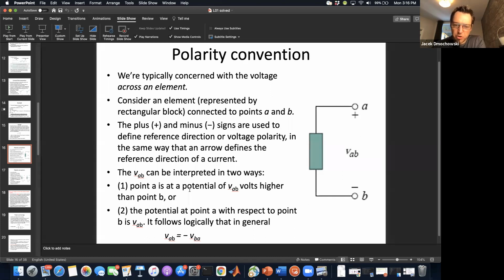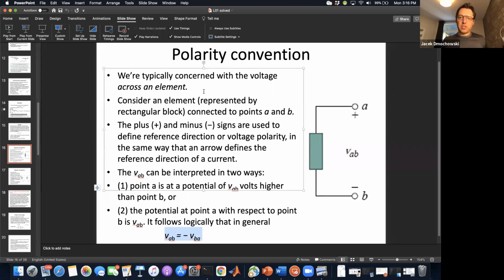So this picture has two ways of interpreting it. Number one is that point A is sitting VAB higher than point B, or point B is sitting minus VAB higher than point A, right? Some of you may find this definition appealing. If you just switch the polarity, you just stick a minus sign in front of the voltage.